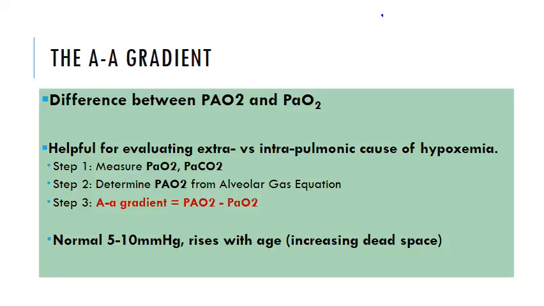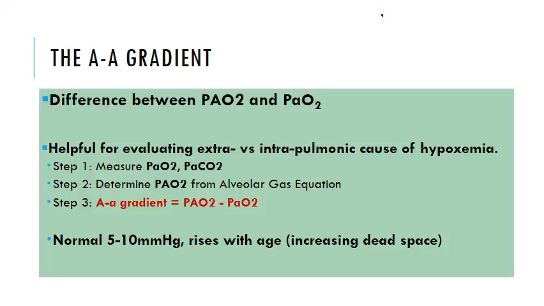So when assessing somebody with hypoxemia, the calculation of this gradient can be useful in differentiating extrapulmonic versus intrapulmonic causes of hypoxemia, like I said previously. The method to do this is to use an ABG to detect a couple of values, the arterial PO2 and the arterial PCO2, and from there, you can use the alveolar gas equation to calculate the alveolar partial pressure of oxygen.